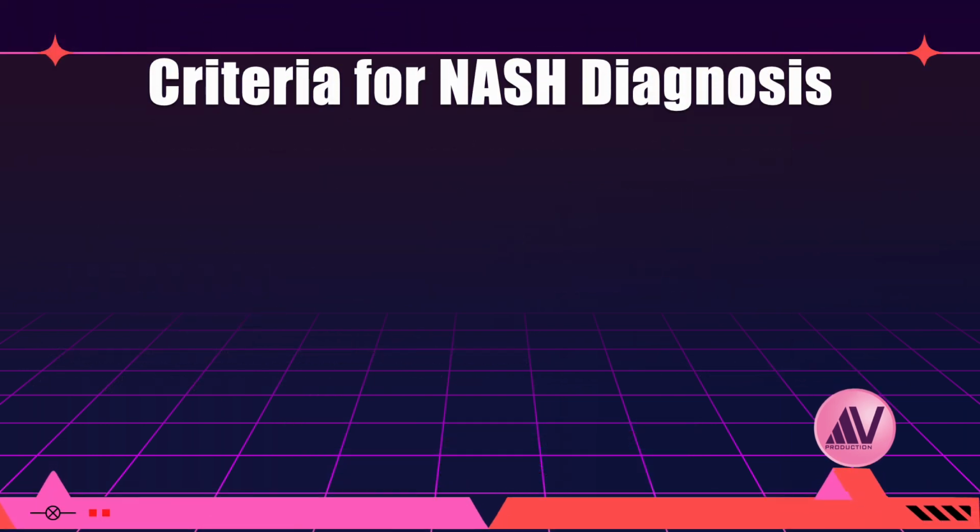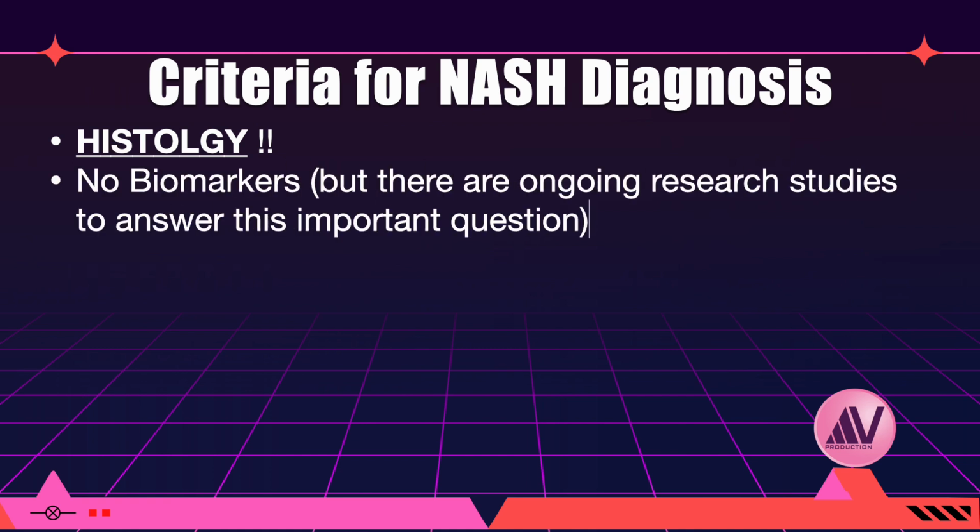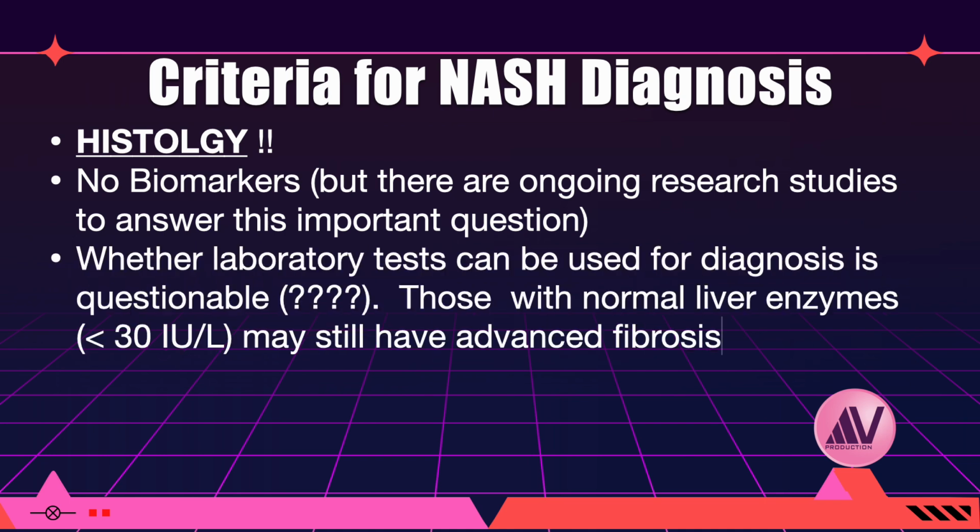Criteria for NASH diagnosis from the clinician's perspective are: histology is the cornerstone for NASH diagnosis. Currently, there are no FDA approved biomarkers for diagnosis of NASH. Novel combinations of laboratory and imaging tests are inconclusive in diagnosing NASH. Whether laboratory tests can be used for diagnosis is questionable.